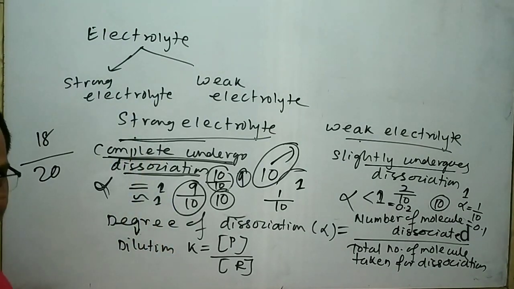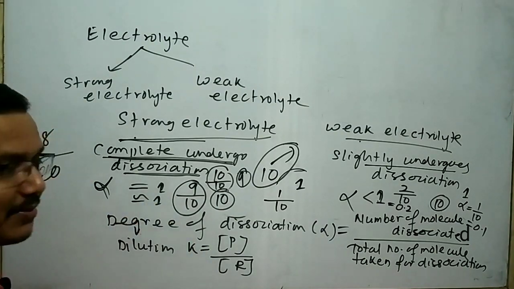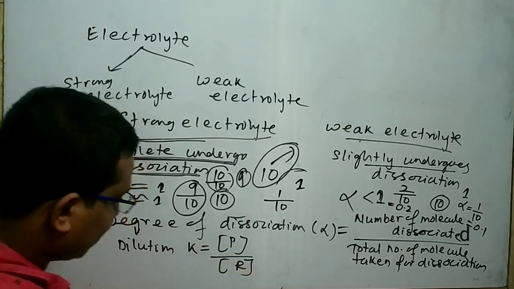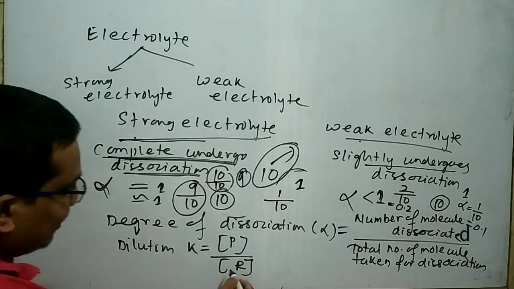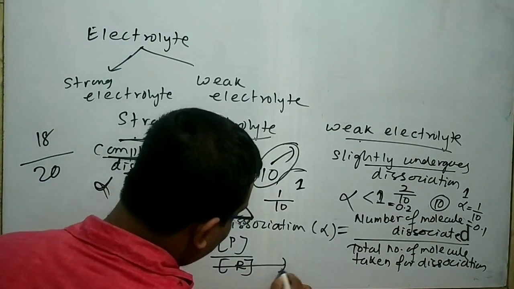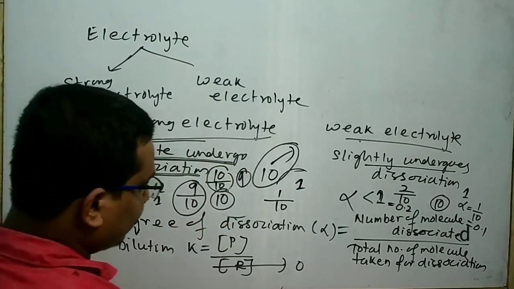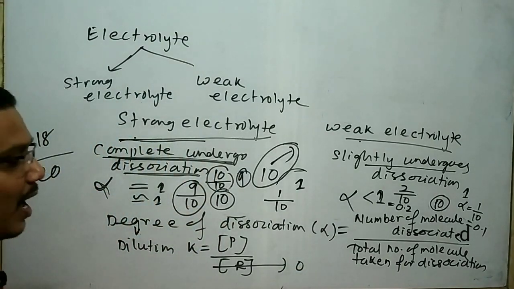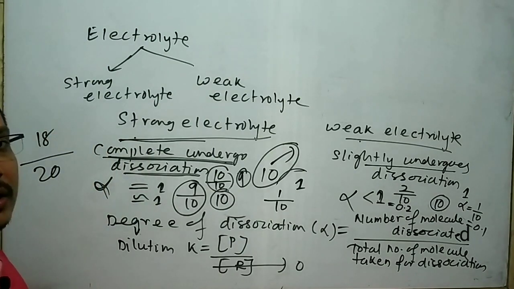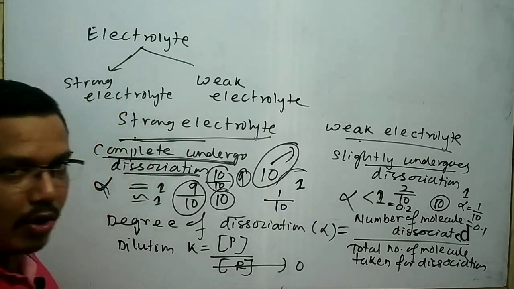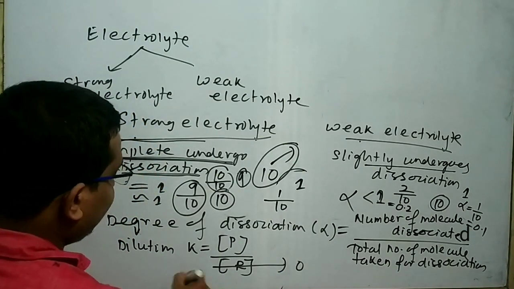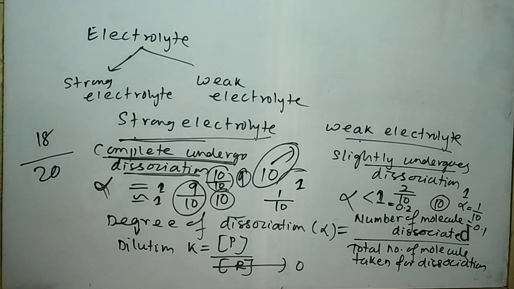In a strong electrolyte, the undissociated electrolyte is very little. So in this case, K tends to infinity, maybe the denominator equal to 0 or having some small value. That's why in the case of a strong electrolyte, the law of chemical equilibrium is not applicable.